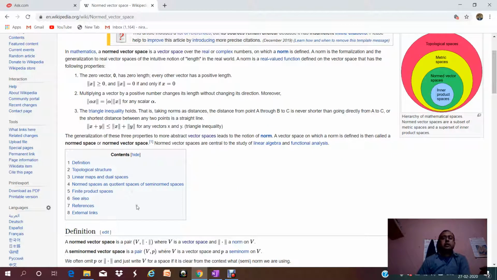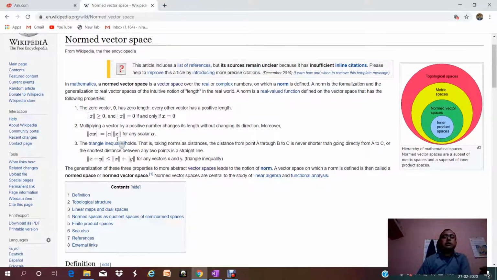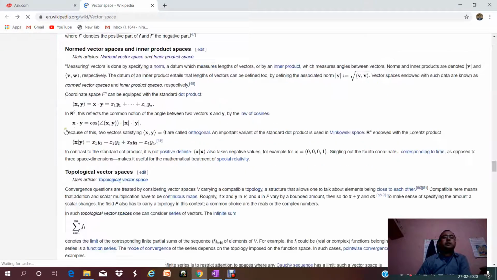Now you already know what is a normed vector space and what is an inner product space. I am just giving the introduction of normed vector space and inner product space.